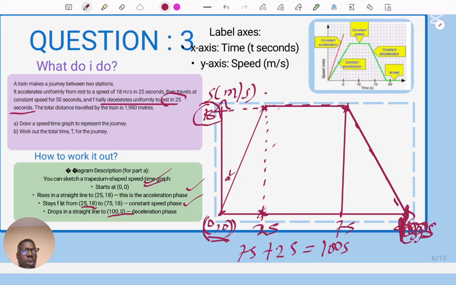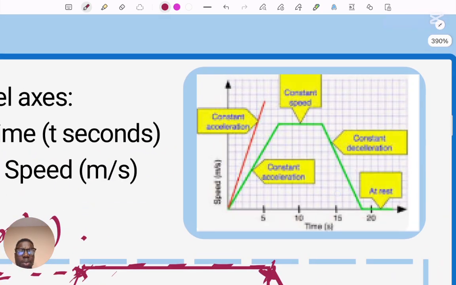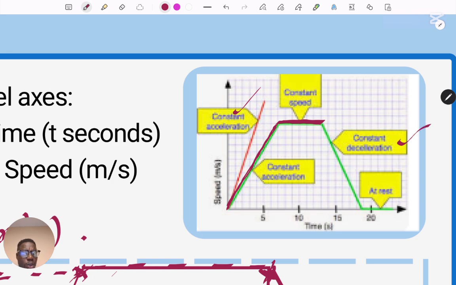Let me use this to explain the solution. You see that they resemble each other. The very first part is the constant acceleration. It was moving up, constantly accelerating. That is the rise. Then we have the flat, which is the constant speed, for 50 seconds, and then constant deceleration.